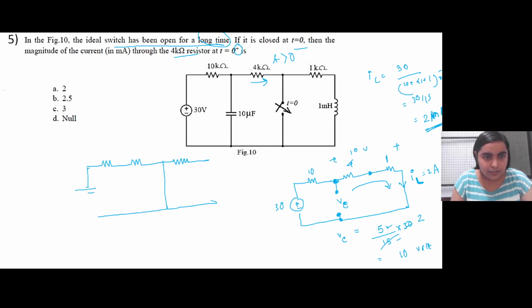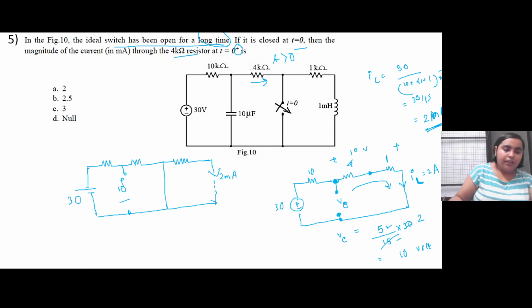So this is 30 volt, this is the inductor, this is the capacitor, and this is 10 volt, and the current that was flowing through here was 2 milliamps, right?